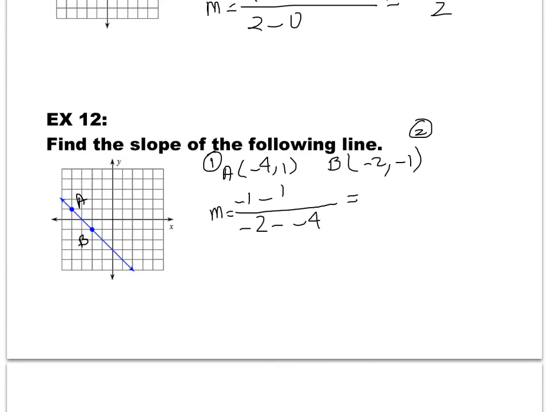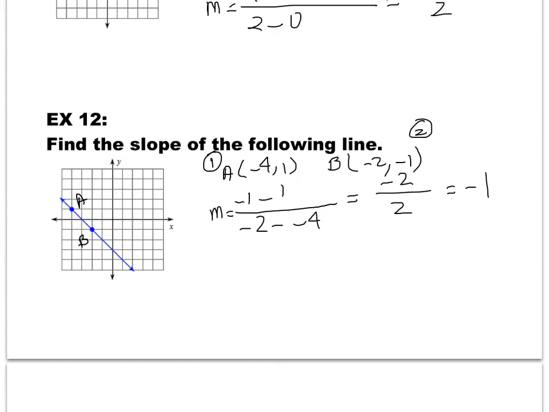Now, negative 1 minus 1 is negative 2. Negative 2 minus minus is plus, so negative 2 plus 4 gives you 2. And negative 2 divided by 2 gives you negative 1. So the slope of this line is negative 1.